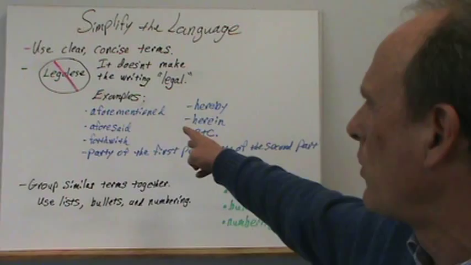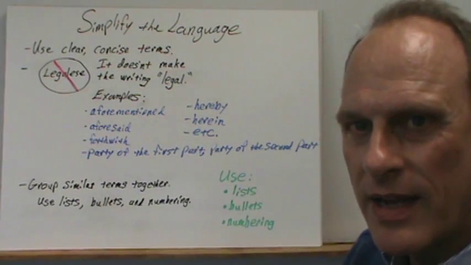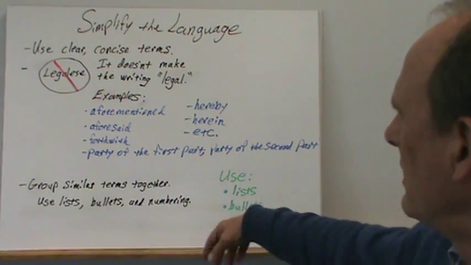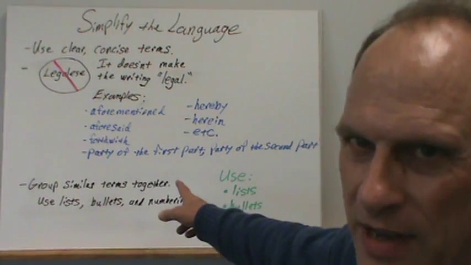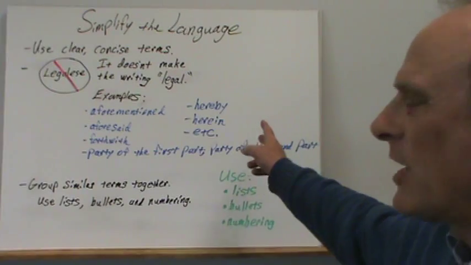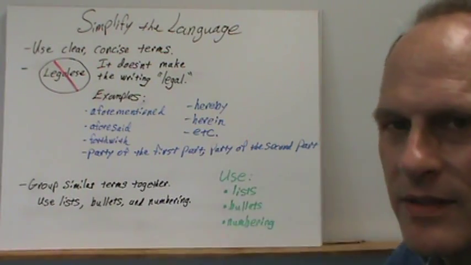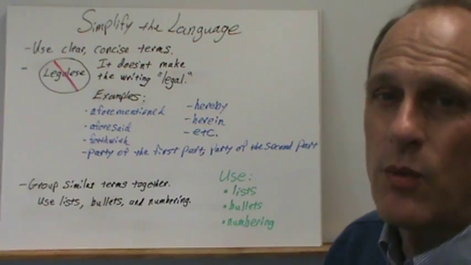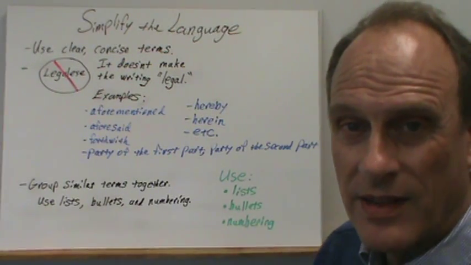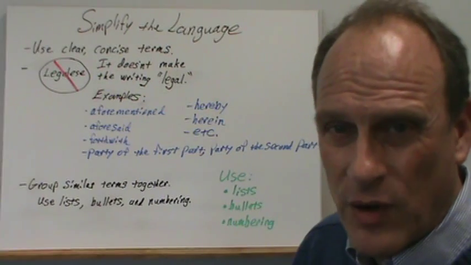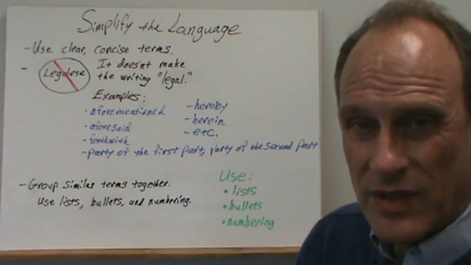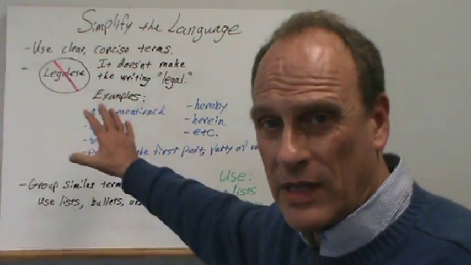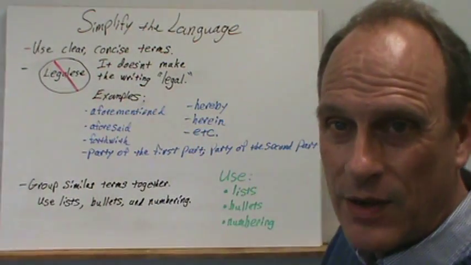So we want to stay away from words like aforementioned, aforesaid, forthwith, party of the first part and party of the second part, hereby, herein, and etc., etc., etc. We don't want to use etc. in legal documents, in contracts. What does that mean in the context of this agreement between these two parties? So these are just some examples of what we call legalese.